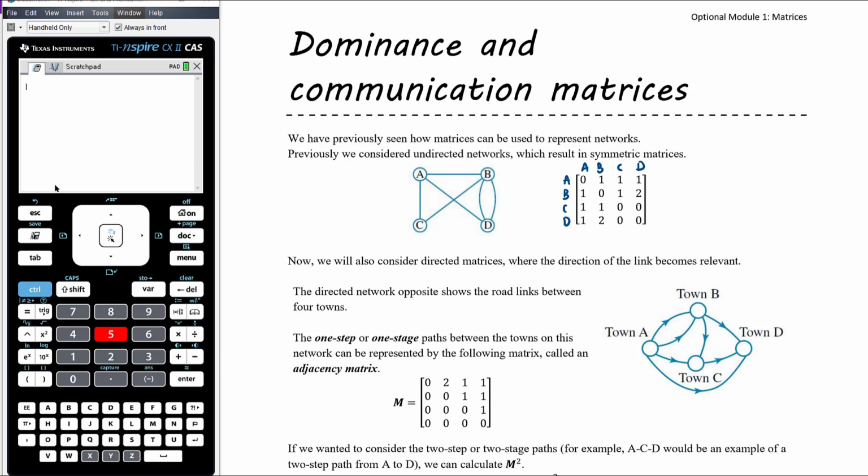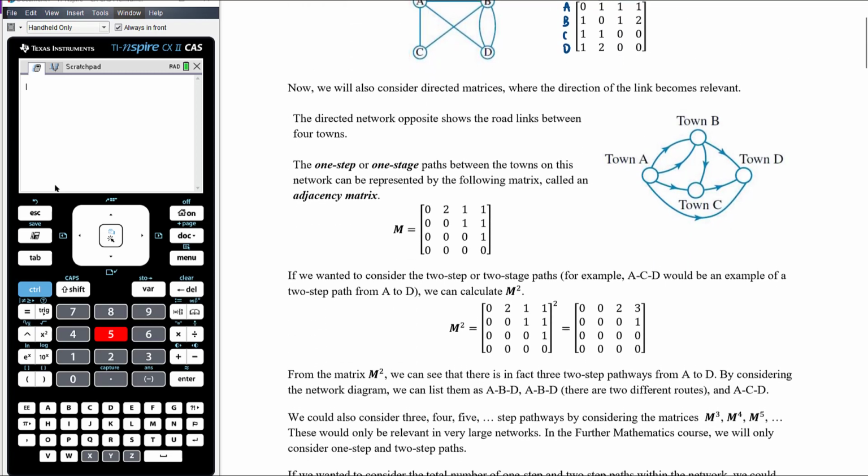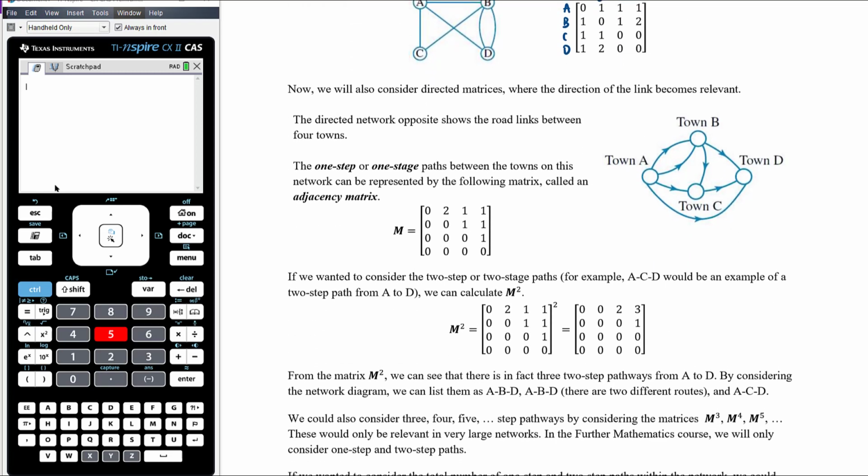When we talk about one-step or one-stage paths between the towns on this network, we're talking about how the numbers in the matrix are representing the number of ways we can get, for example, from town A to town B in just one step. For example, it's not possible to get from town B to town A in one step.